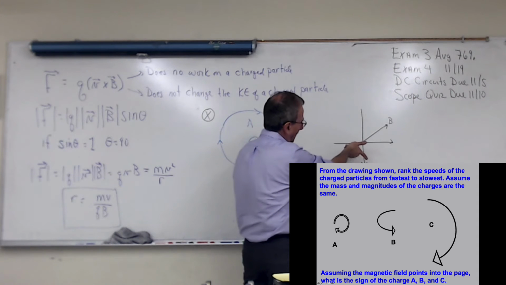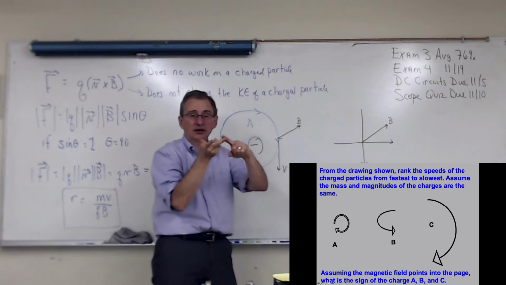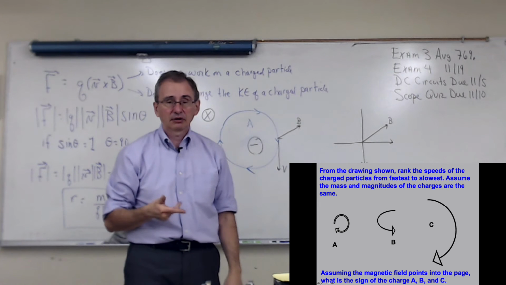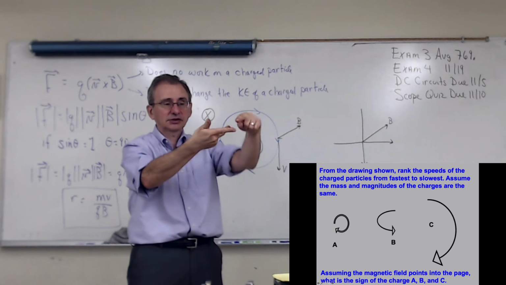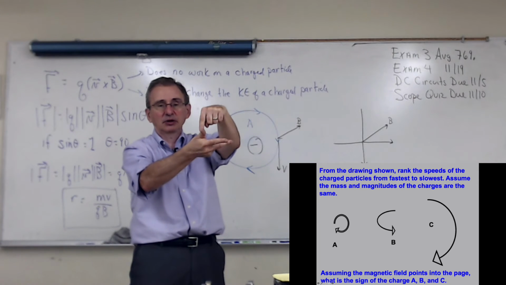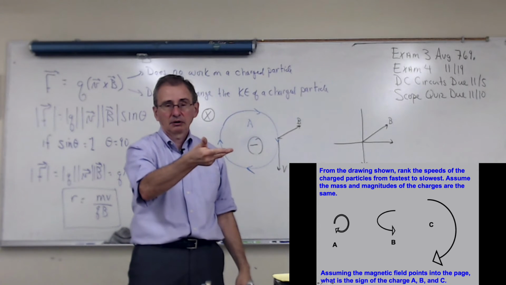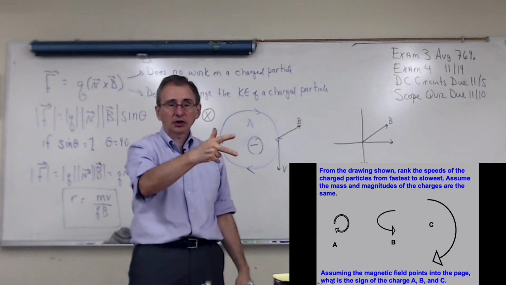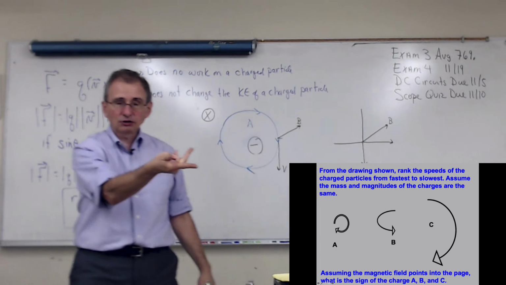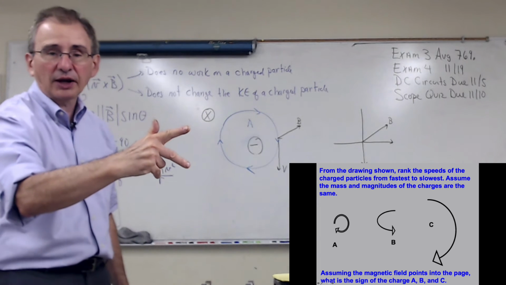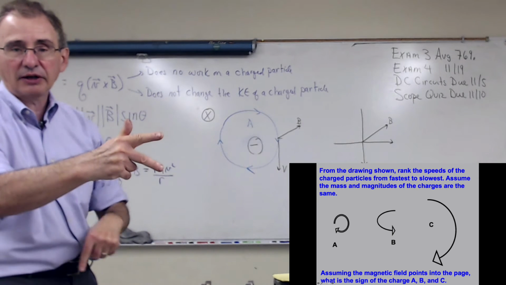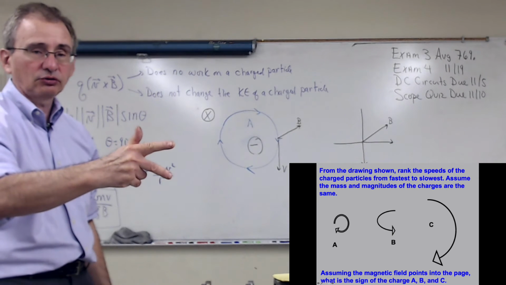Your pointer finger's down, your middle finger's in the direction of the magnetic field, and your thumb points in the direction of F. This is the direction of V, this is the direction of B, this will be the direction of F. Then you can use these fingers to define a right-handed coordinate system: direction of V, direction of B, direction of F. So that's another way to use the right-hand rule.